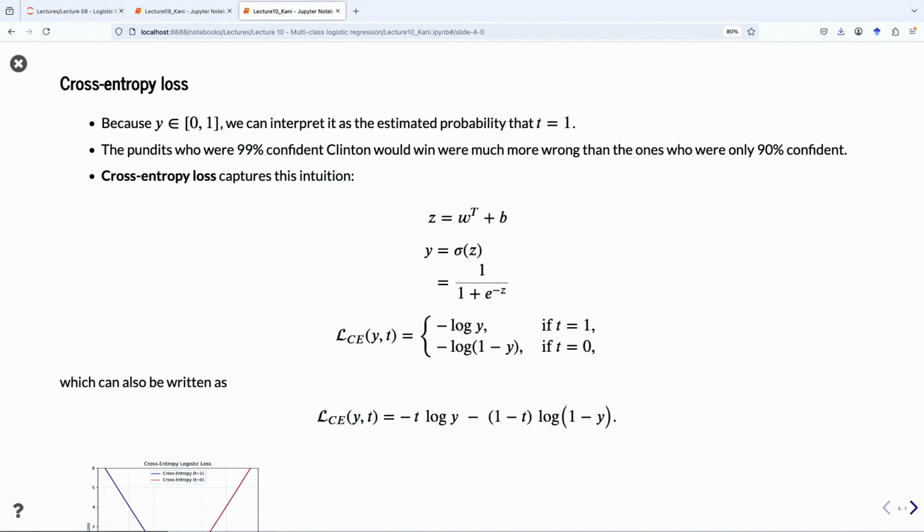Okay, so that's why we break up these two cases. This corresponds to the data point being 1 or 0. We want this, however, to correspond to the data points being correct, assuming the target is equal to 1. And also, we could do the reverse. Assuming the target is equal to 0, if the model is correct for the target equal to 0, then we would want this value to be very small.